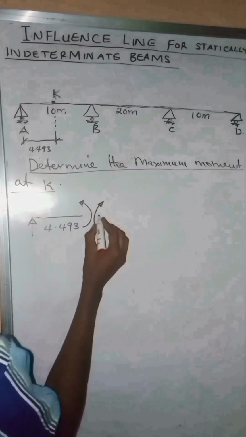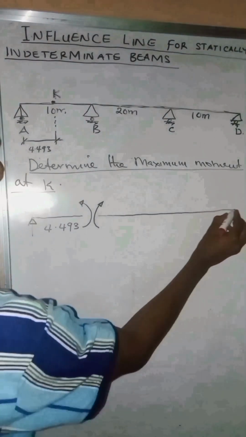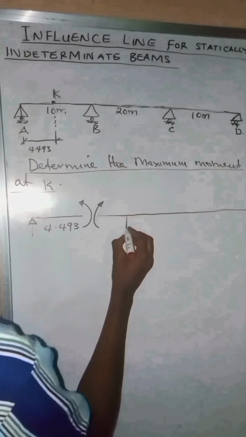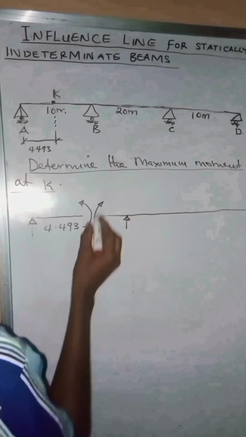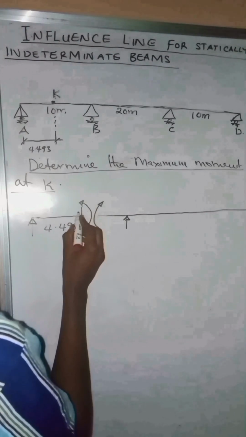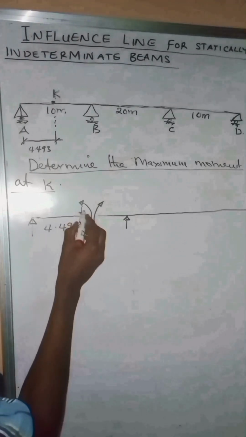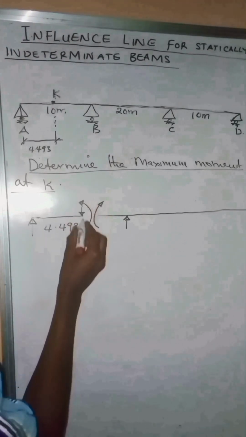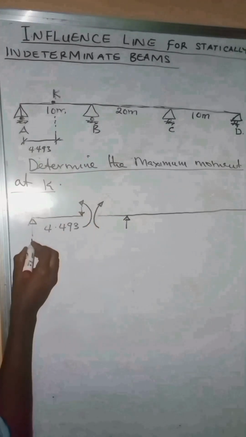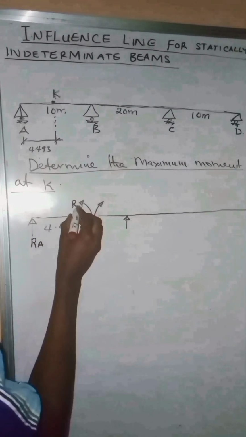Of course, when we have a hinge at point K, we're going to see the reactions at point K in opposite directions. We have this one coming this way. We can call it R_K, whichever you want to call it. Here remains point A, let's call that reaction R_A.